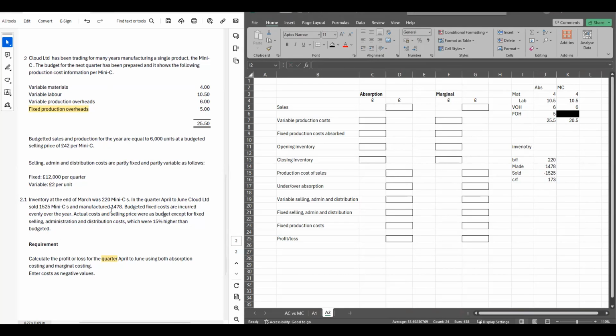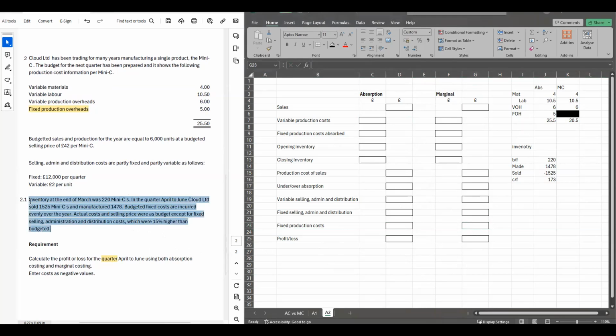In the previous question, we had a nice neat figure for the actual fixed production costs in the period, and then it was quite a nice process to go, okay, what do I do under the two methods? Well, under marginal costing, I take my actual fixed production costs and account for them as a period cost down here. So I will just plug that number given into this box down here.